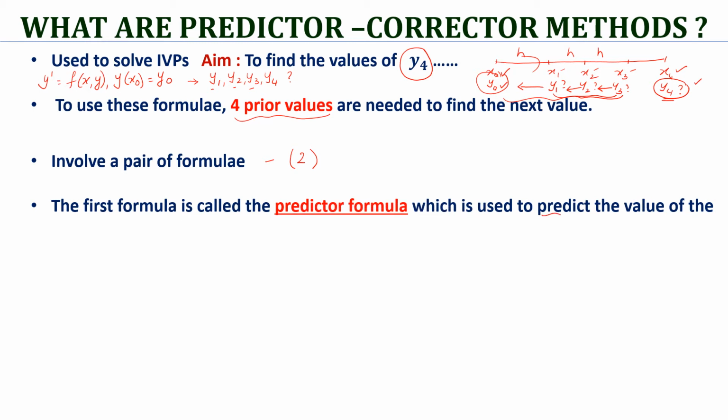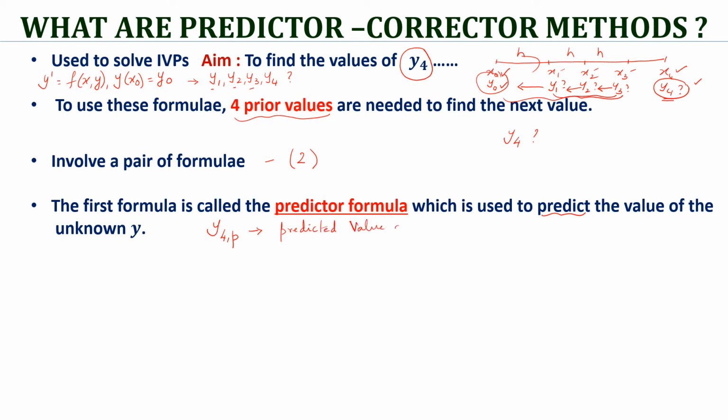We are predicting the value of the unknown. When y4 is your unknown, we use the notation y4 comma p. The p denotes the predicted value of y4.